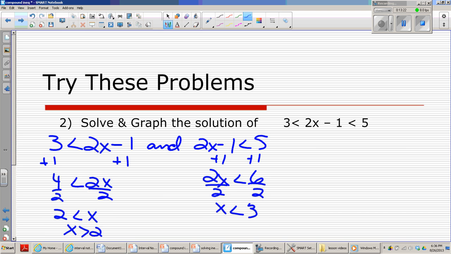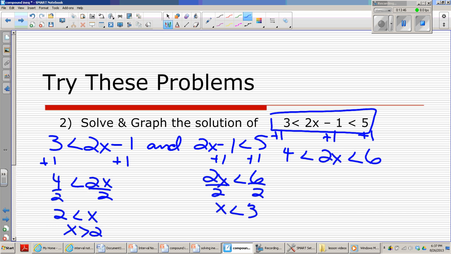Now, please keep in mind, with this particular type of problem, you could solve this inequality altogether. If I want to undo the minus 1, I would add 1. So I would add 1 on this part and on this part. So I would have 4 less than 2x less than 6.